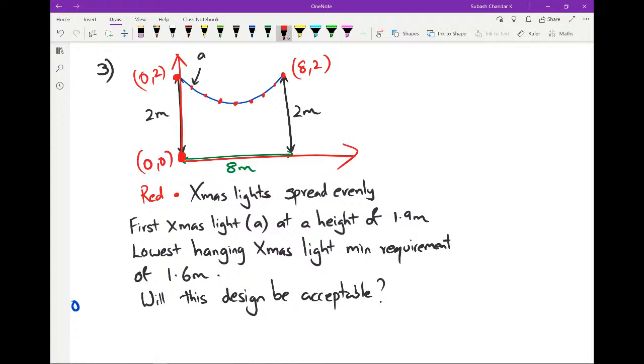All right. And the third point is going to be 1, 1.9. Now, the reason I said it's 1 is because the Christmas lights, the red dots, are spread evenly. If you look at it, that's 1, 2, 3, 4, 5, 6, 7, and 8.